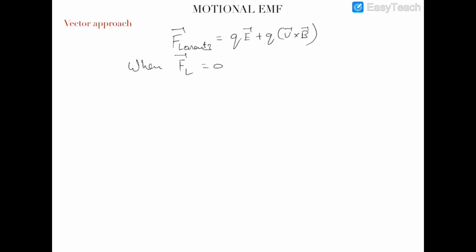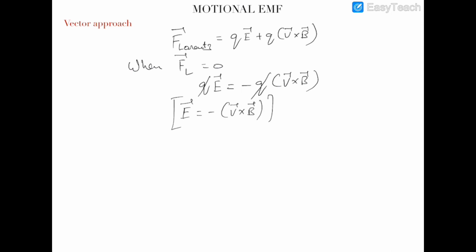So in this case, if qE is equal to minus q V cross B, then E will be equal to minus V cross B. So this is the relationship of the electric field with the velocity and magnetic field. This is the induced electric field.